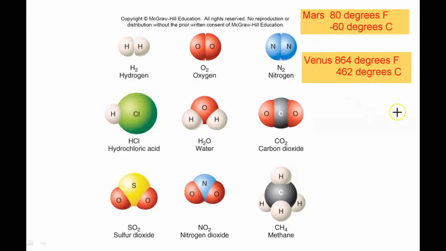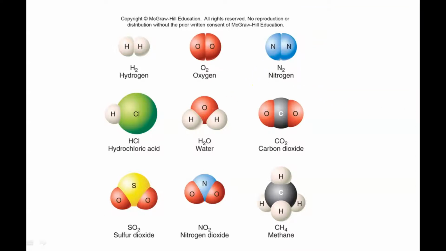And Venus is so hot because the atmosphere of Venus is very rich in CO2. It has a lot more CO2 in the atmosphere compared to the planet Earth. Now, on planet Earth, remember, we had approximately 0.4% carbon dioxide. So the presence of carbon dioxide is important to maintain the correct temperature on the planet.